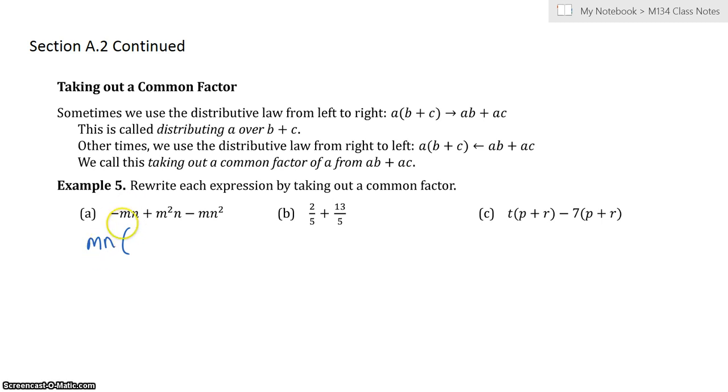And then I'm going to divide what's left over. If I take out an MN, there's really nothing left, but it's not 0 because you're going to divide it. So it would be -1, plus taking out an M and an N here, dividing it, I would get 1M. And then here, we'll put a minus there, and we're going to take out an M, so that will be gone.